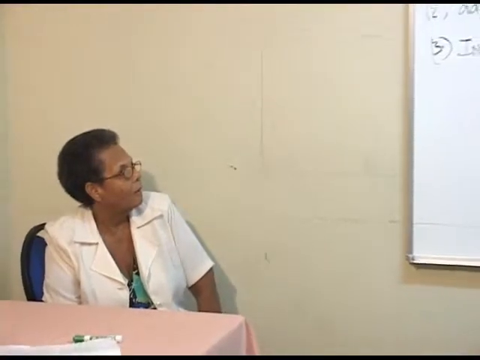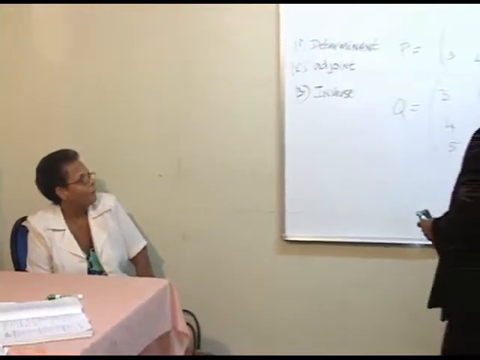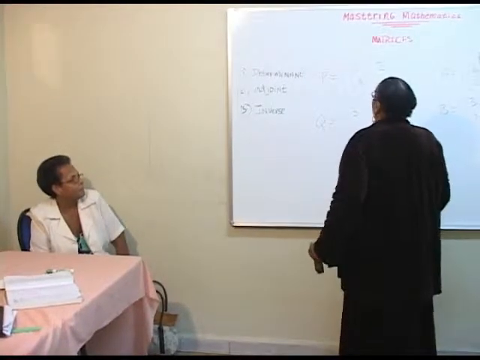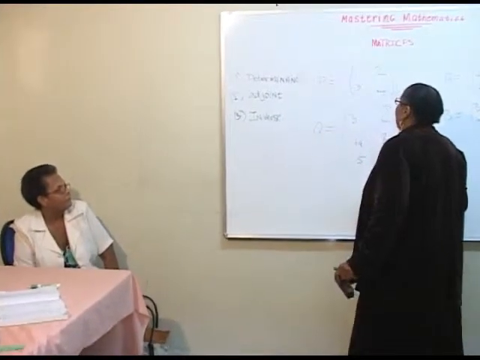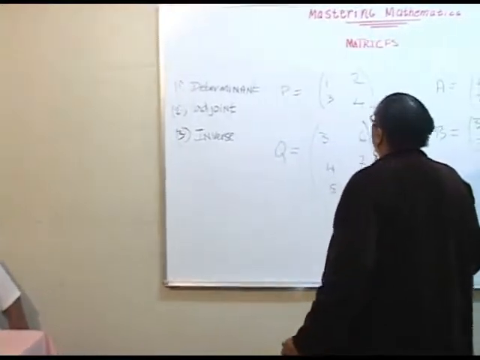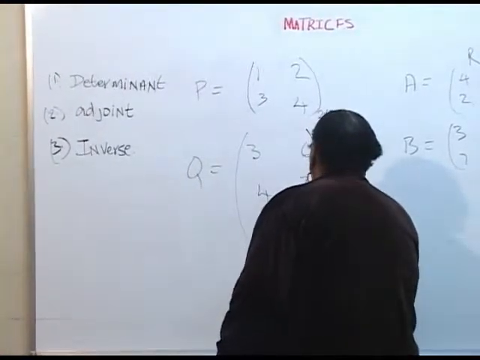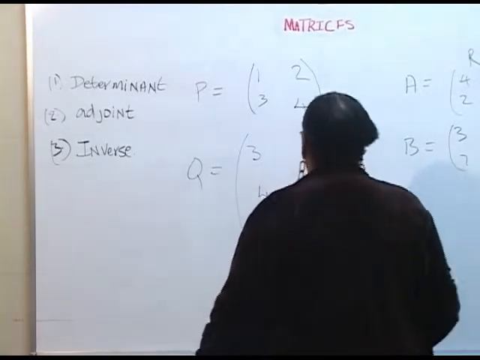If we look at the matrices we have here, P is equal to 1, 2, 3, 4, so we have a 2 by 2 matrix. Q is a matrix which has 3, 6, 4, 7, 5, 8, so this is a 3 by 2 matrix.